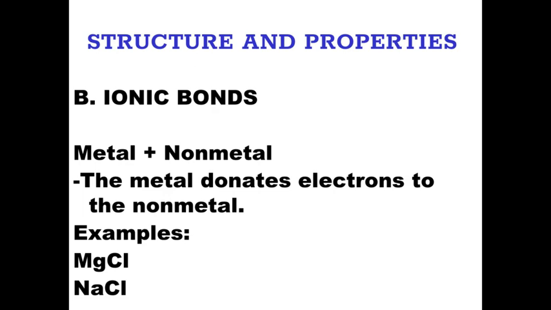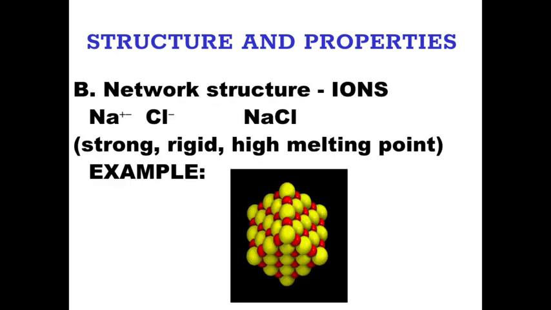So some examples of an ionic bond for these molecules would be magnesium chloride. Notice that magnesium is a metal on the periodic table and chlorine is a non-metal on the periodic table. Same thing with your table salt, sodium chloride. Sodium is a metal, chlorine is a non-metal. So those are examples of ionic bonds, okay?